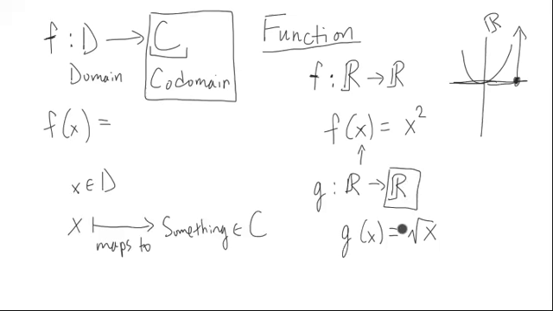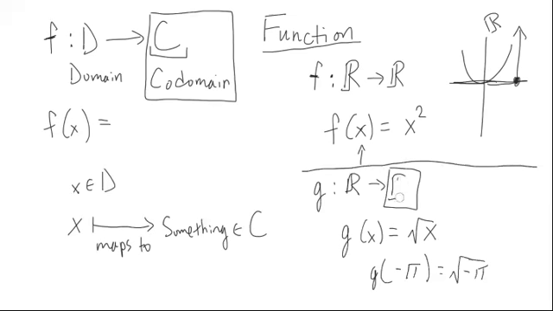Now, for instance, if we plugged in something like negative pi into g, we're attempting to do this, and if we're only looking for real number outputs, we're going to get an error. That's not going to work. However, if we redefined our function g in a different way, what if we made the codomain not R for real numbers, but C for complex numbers?